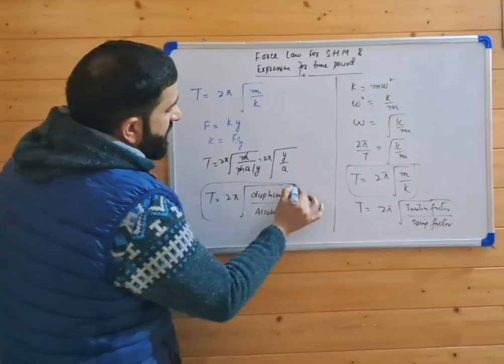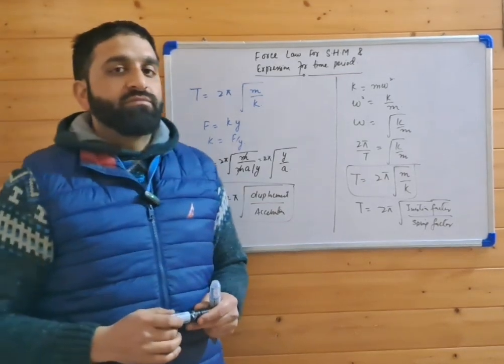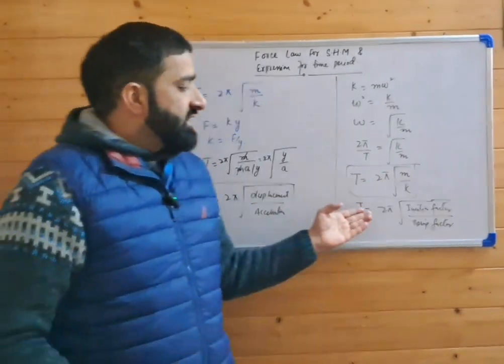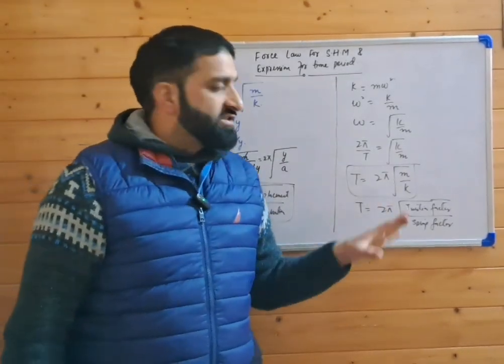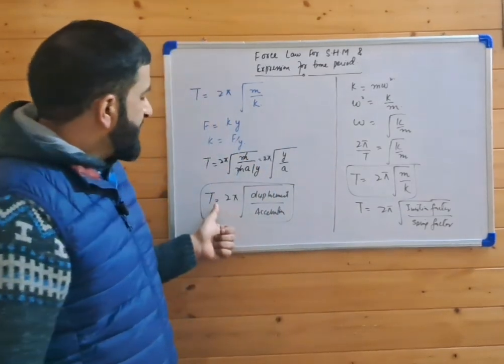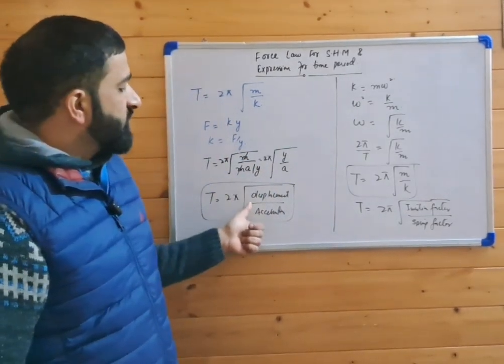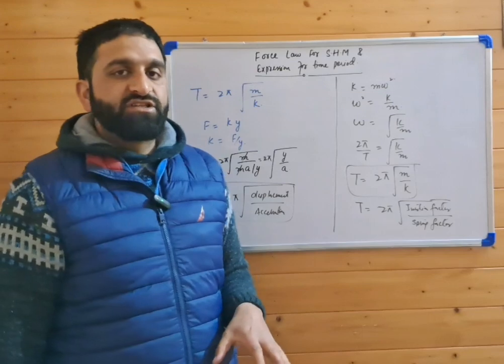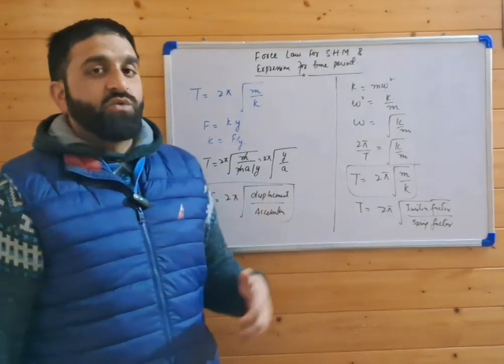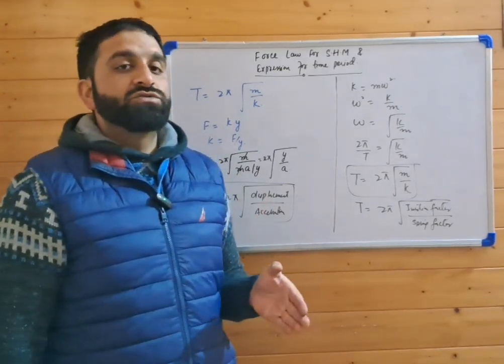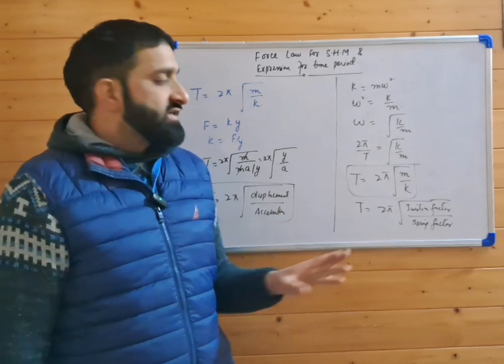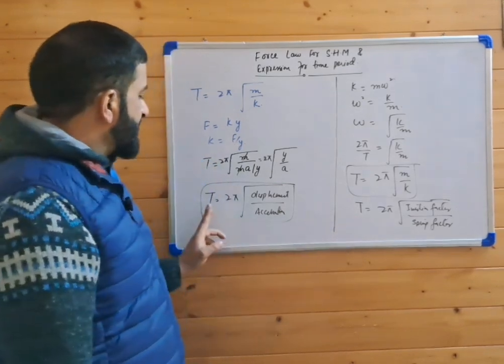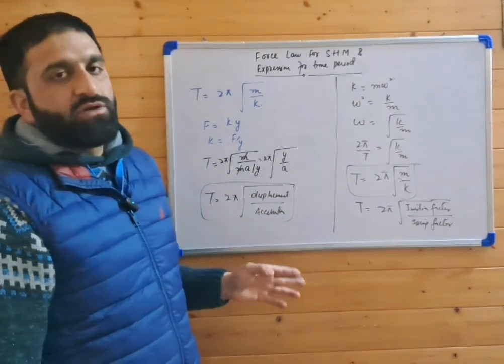This way we have got two equations for the time period. One is time period is 2 pi root of inertia factor by the spring factor, and here T is 2 pi root of displacement by acceleration. We can calculate the frequency as 1 upon T.